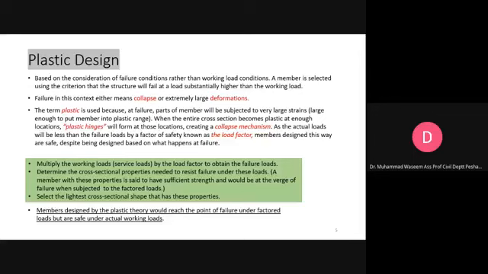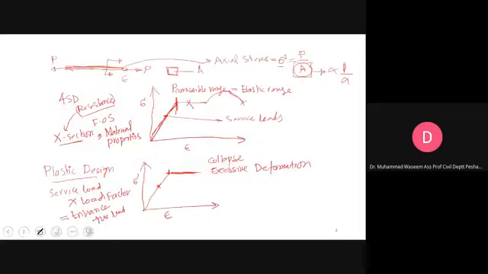Going back here, we design for those loads which will produce stresses in the plastic range, not in the elastic range. We accomplish it by multiplying the loads with a load factor, and we do not use any factor of safety in plastic design.